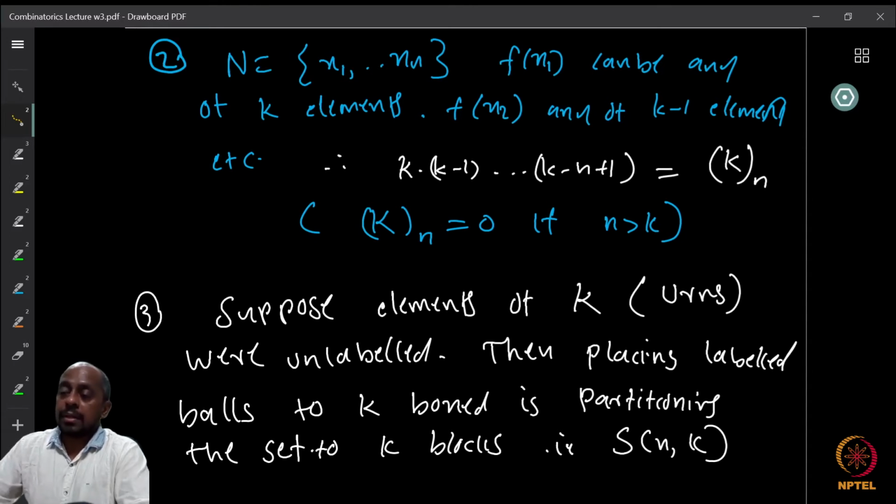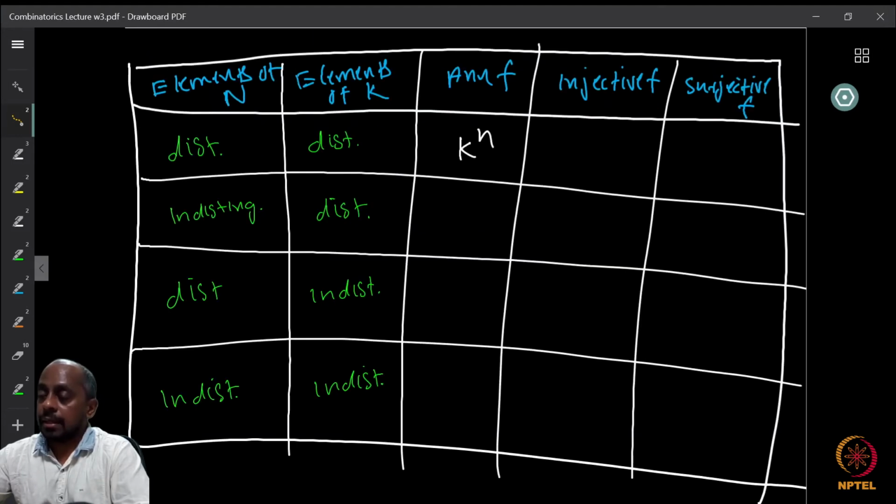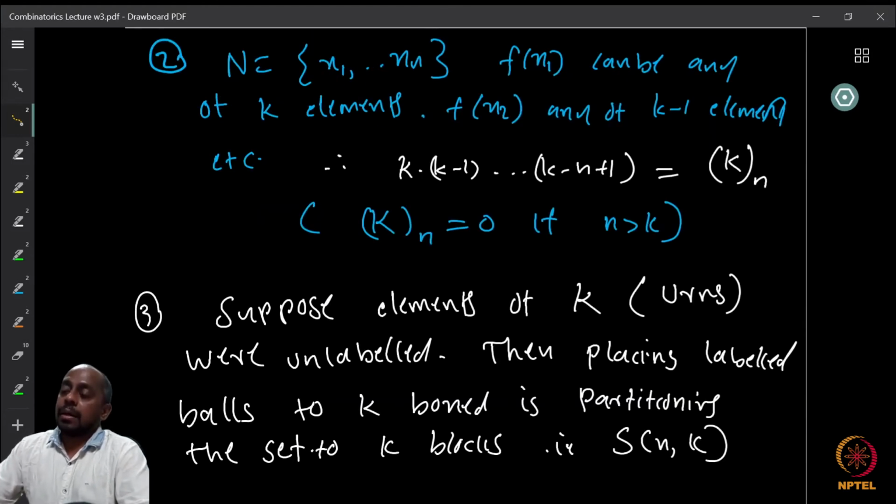Now let us also look at the third case, where you want the functions to be surjective. Okay. Now to count the surjective functions, let us assume that initially the elements of k or the urns are unlabeled. So we were looking at the labeled case, but let us look at the unlabeled case. Suppose they were unlabeled.